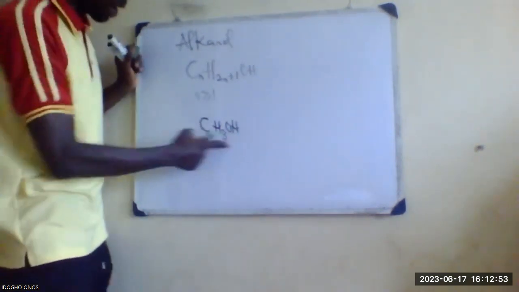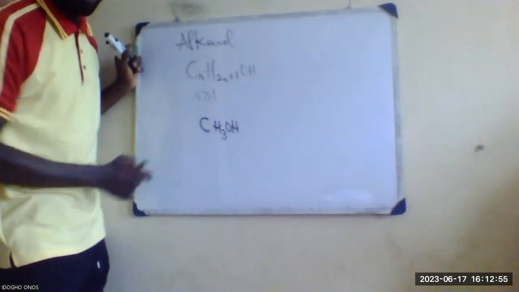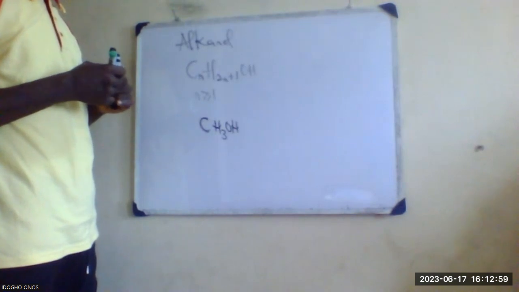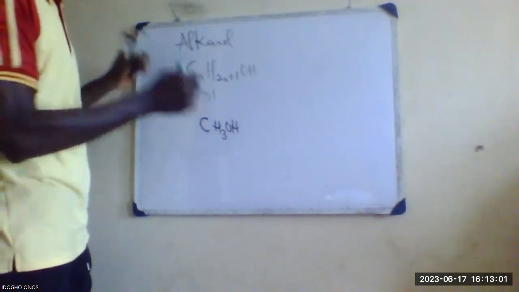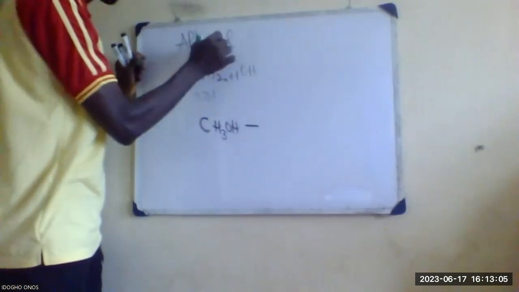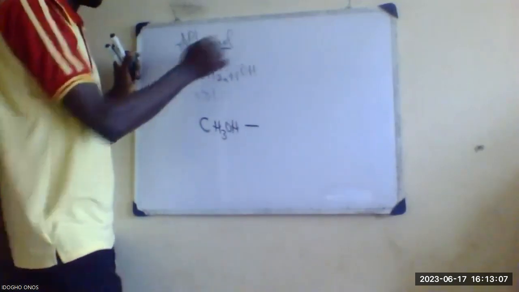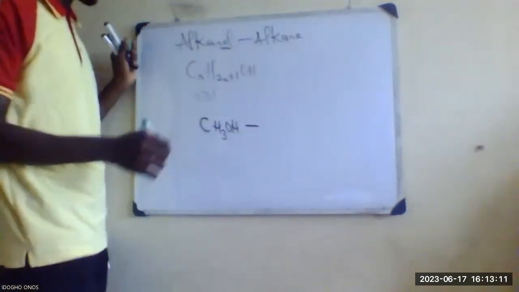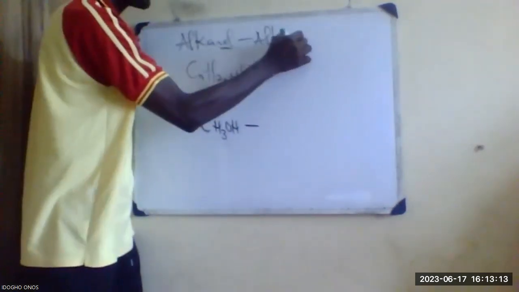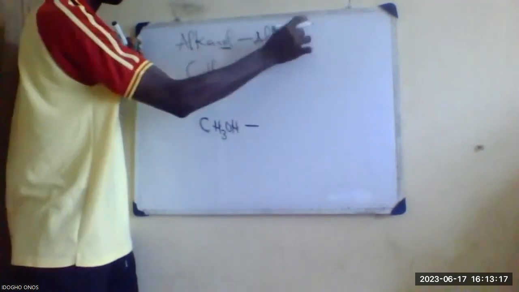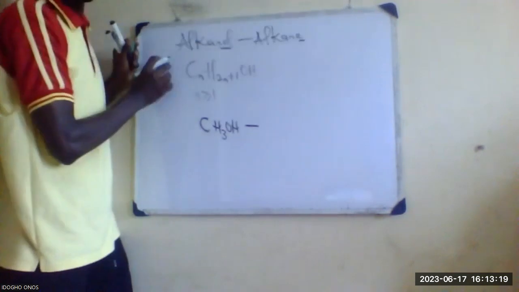If you check here now, how many carbon atoms can you see? We have just one, because it's just one carbon atom. And all alkanols end with OL. Alkanols are named by removing the E ending of the alkane and replacing it with OL.